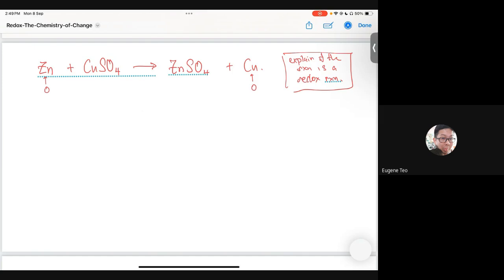The next ones I'm going to look at are CuSO4 and ZnSO4. Now, do I know the oxidation states or not? What you know is this is copper sulfate, and you know that sulfate is SO4 2 minus.